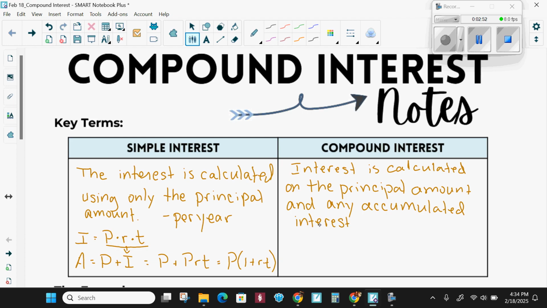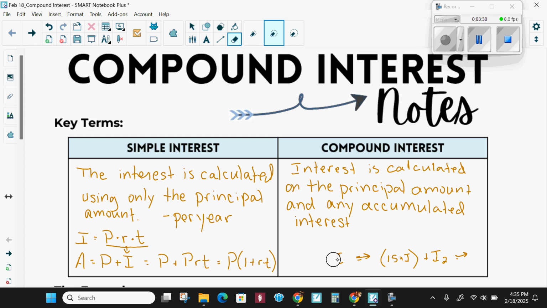So what happens here is that, say, throughout the year, you earn interest each month. So that first month, you'd say you start with $15, you earn a certain amount of interest. Well, then the next month, you would take that 15 plus I and earn a different amount of interest. And then that next month you would take that and earn a different amount of interest and add it to it. So you're not only earning based on the principal amount, but any interest that has already been accumulated throughout the year.